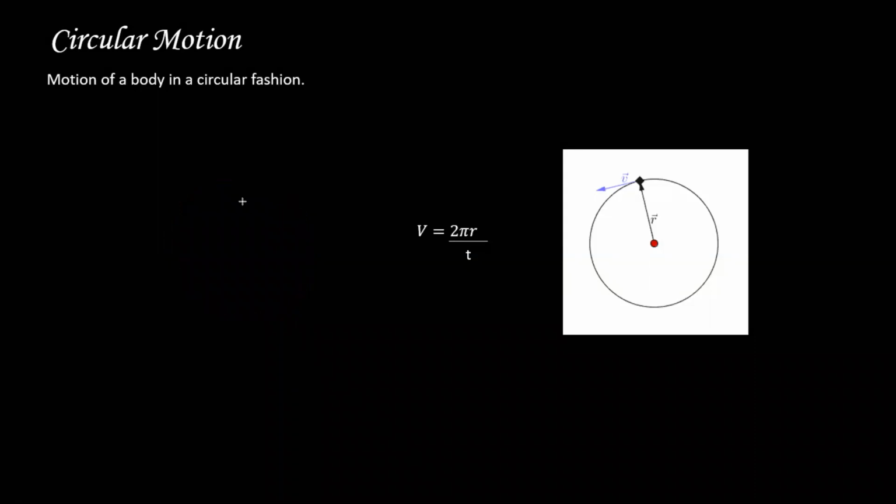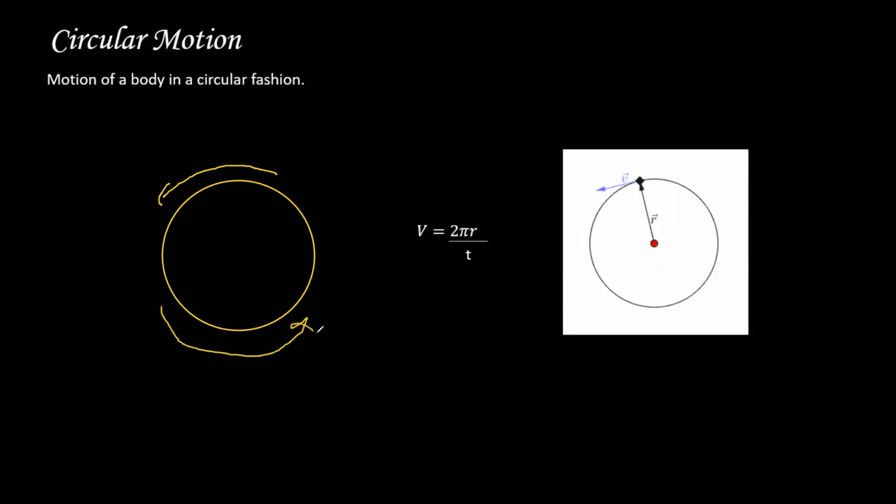So let's assume this is our dish, and this dish is moving like this in a circular fashion. And I place my coin over here. Now what happens is that the coin will fall. The coin is moving around and after a point it will fall like this. Or a marble, yes, you can place anything on it.